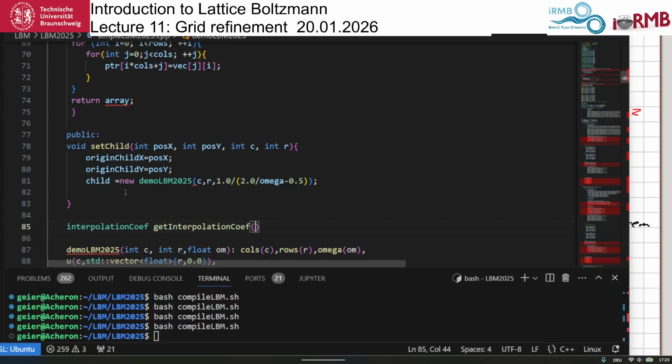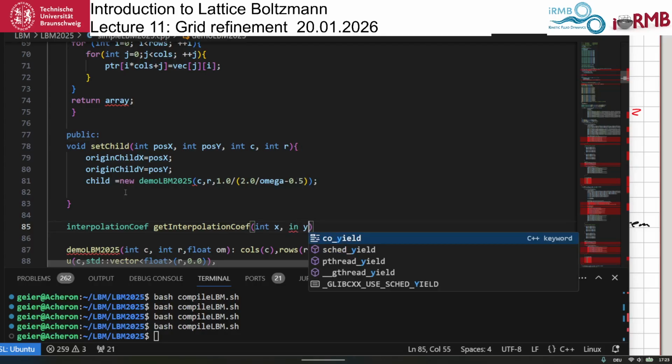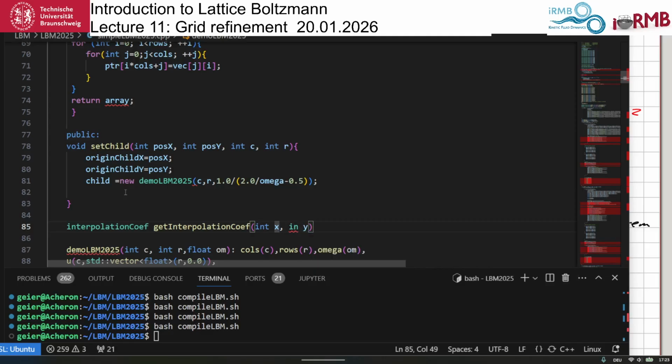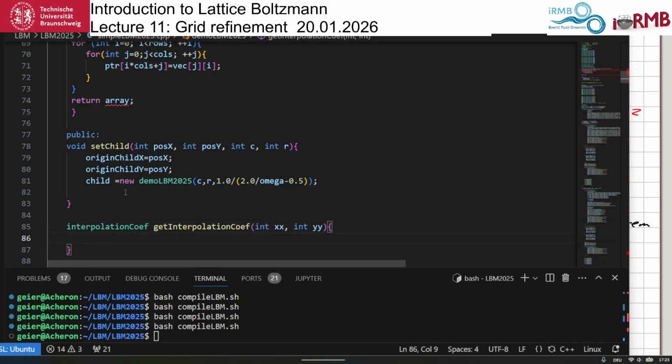So we would like to have them for a cell. So we have this in int x and int y. I'm not sure, okay, let's do it x and y. So we'll associate the cell with its lower left corner. This is how we would usually do this.